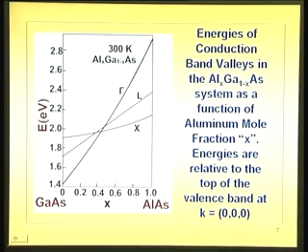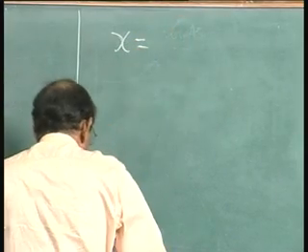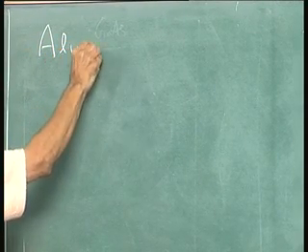So, what we are trying to tell is x, that is the mole fraction of aluminum. When x is equal to 0.4, you actually get E g equal to 1.93, around that.